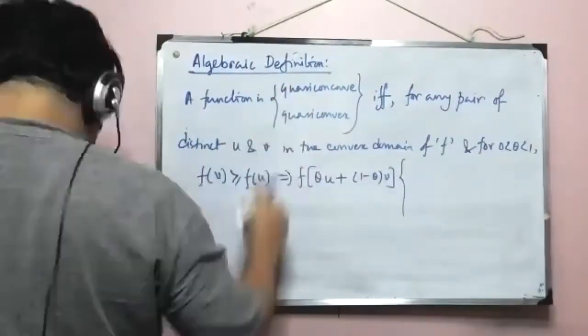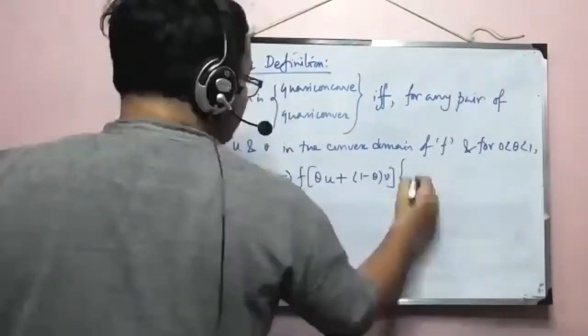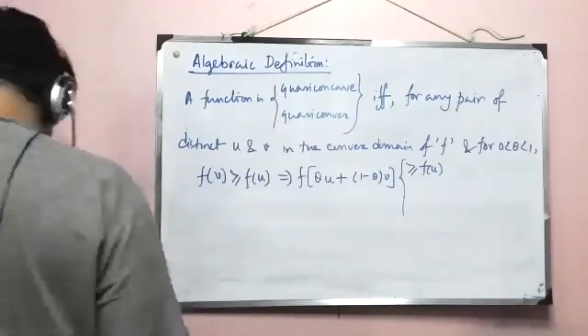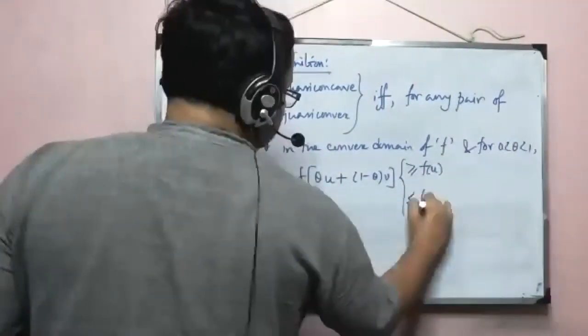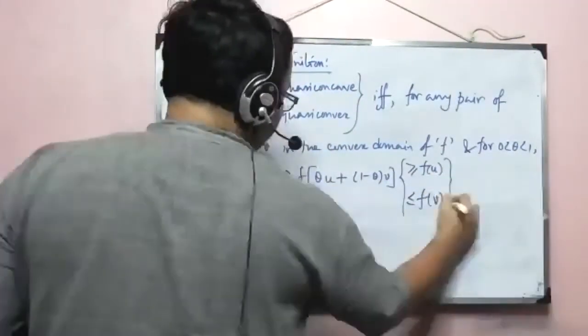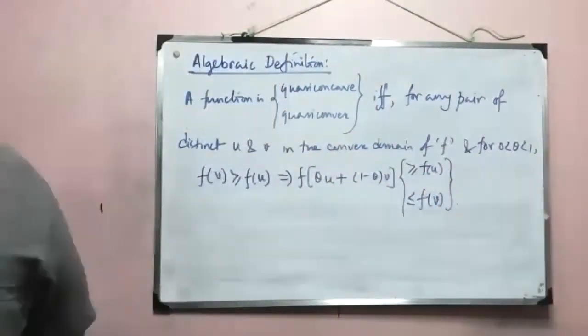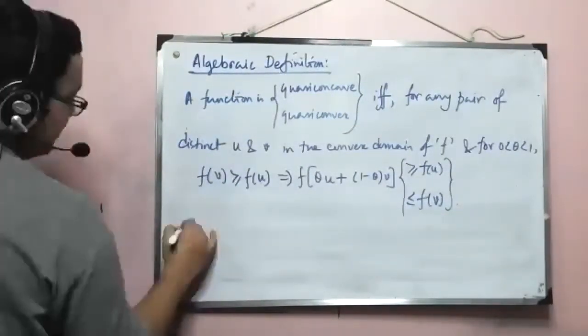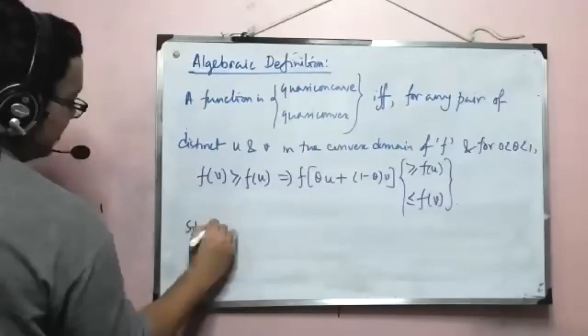In case of quasi-concave, it becomes greater than or equal to f of u. And in case of quasi-convex, it becomes less than or equal to f of v. Okay. So that completes our definition.